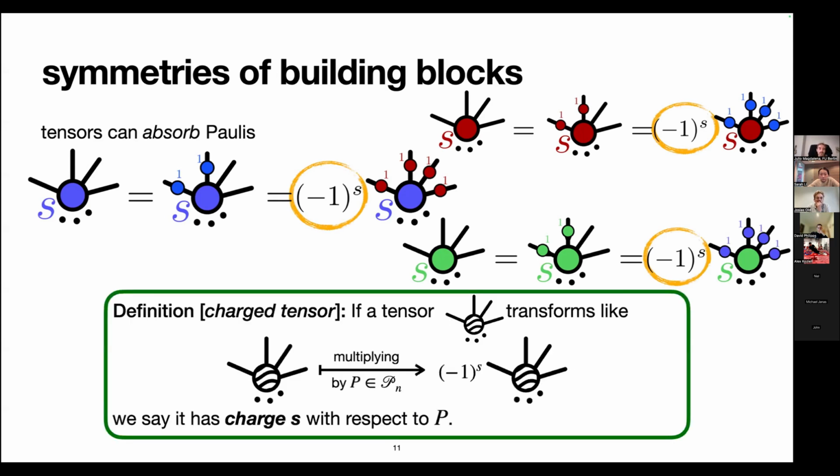So we say that a tensor, if it transforms like this under a multiplication of a Pauli, or absorbing a Pauli, if this absorption is possible up to a phase, and this phase has to be ±1 because if I do it twice, it has to be the identity, we say this tensor has a charge S with respect to P. The language is inspired by gauge theory and how symmetric models have charges that are described by representations of this group.